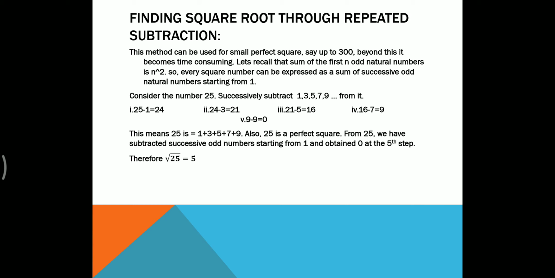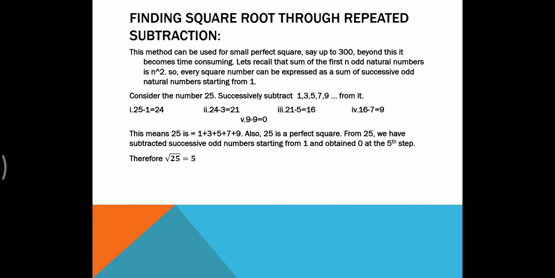It is 25 minus 1, which is 24. Then the successive odd number: 24 minus 3 will be 21. The remaining number left over here is 21.